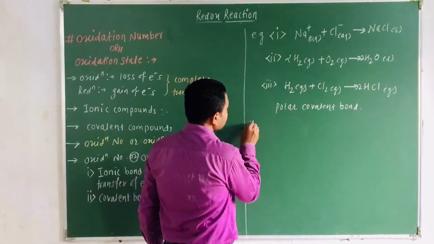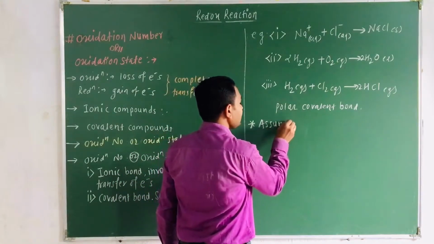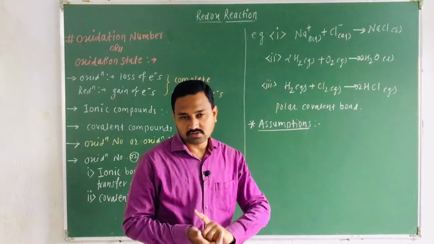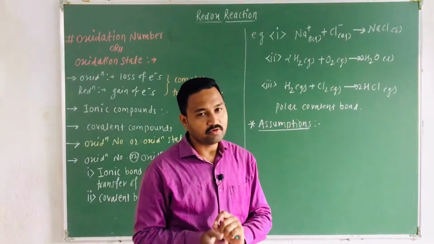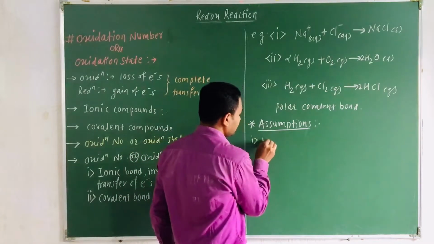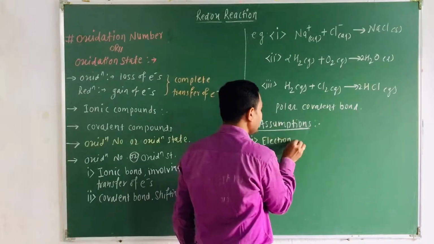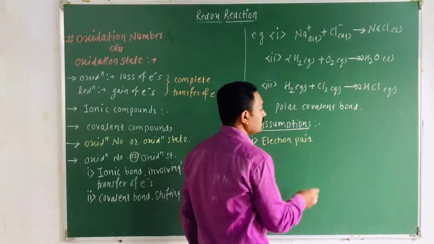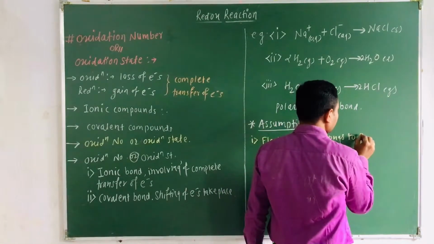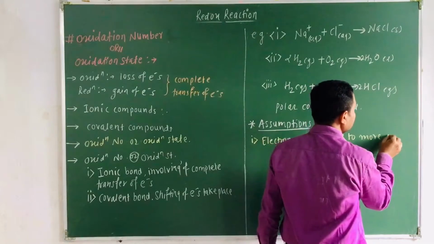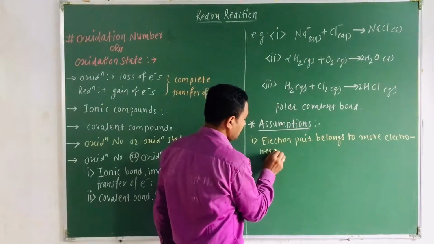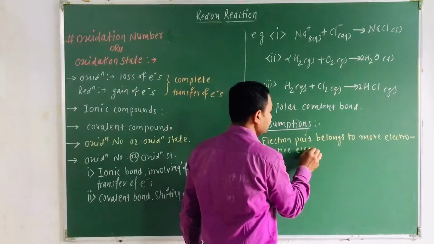The assumptions to apply the oxidation number or oxidation state to an atom or molecule: first, it is assumed that the electron pair belongs to the more electronegative element.